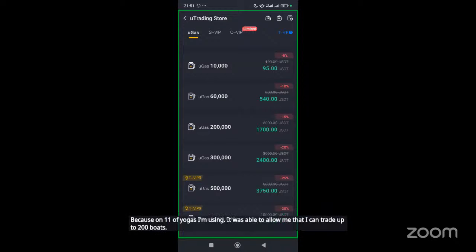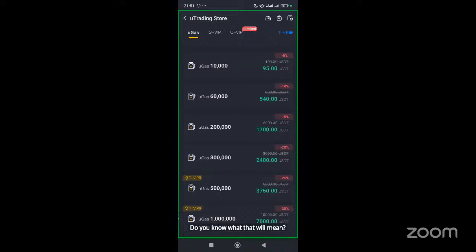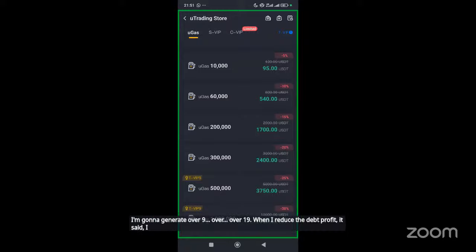Do you know what that will mean? According to my choice of take profit, you saw that at a particular percentage of take profit, it said that when those trades close, I'm going to generate over 19. And when I reduce the take profit, it said I'm going to make at least $2,400, $2,800.